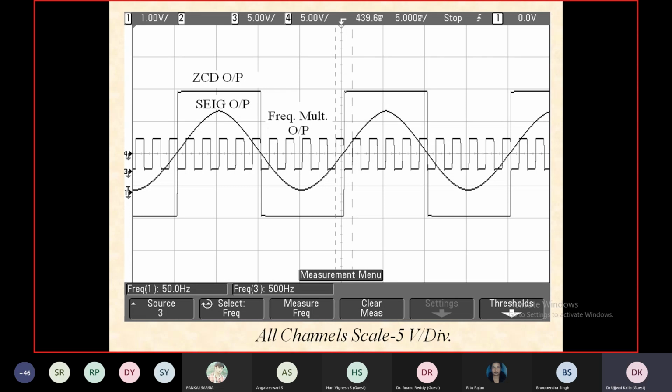So if you want to multiply any signal with some constant value, you must have a PLL kind of system, a phase locked loop. Otherwise, faithful multiplication is not possible.